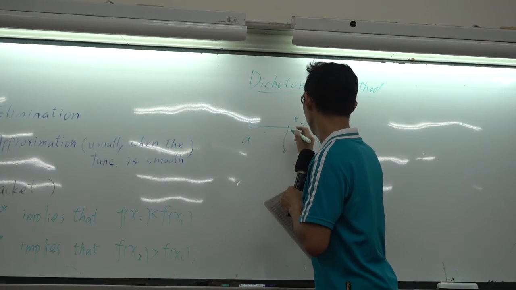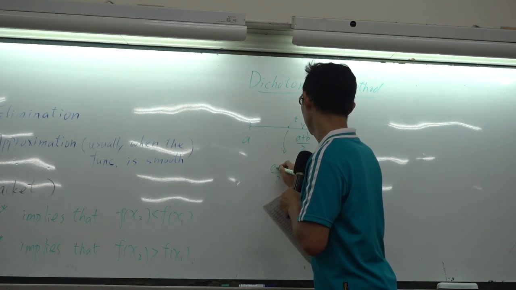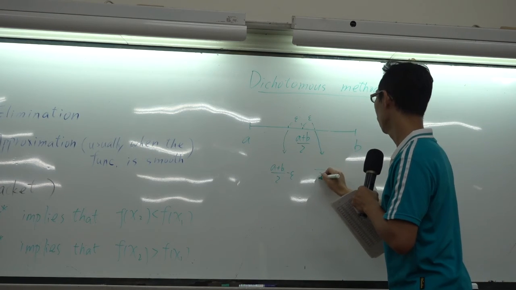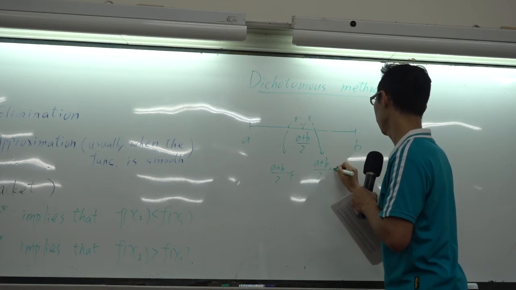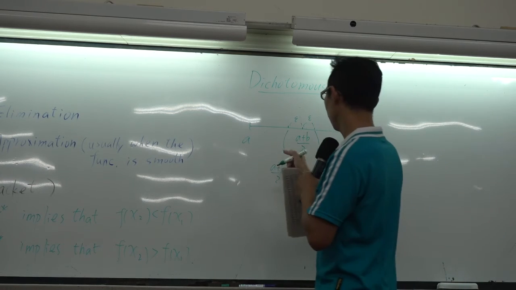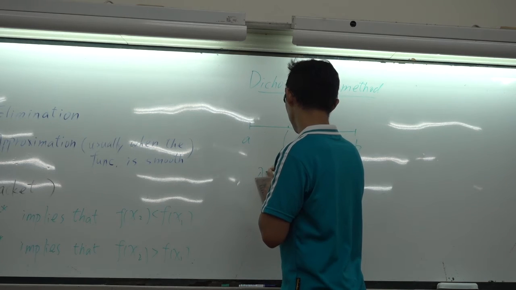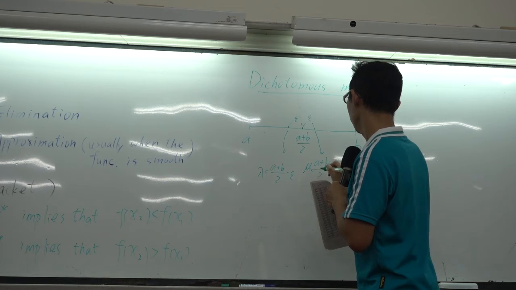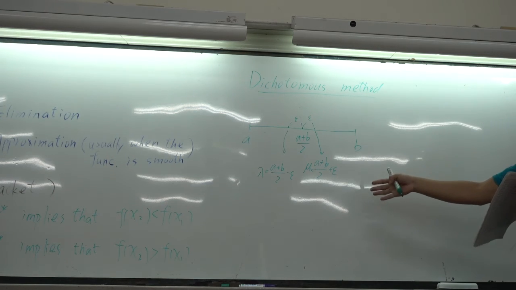Over here this point is 1/2 (a plus b) minus epsilon, and that point is 1/2 (a plus b) plus epsilon. Let's call this point lambda, and let's call that point mu.